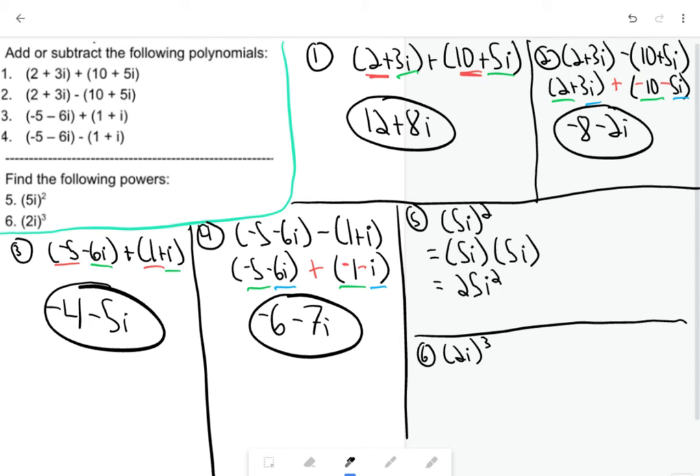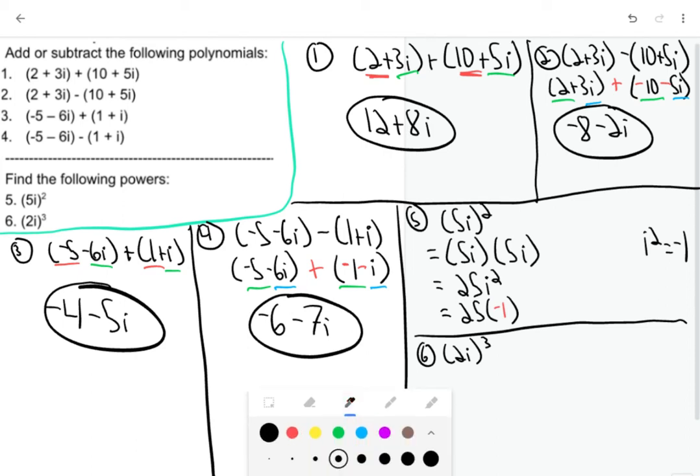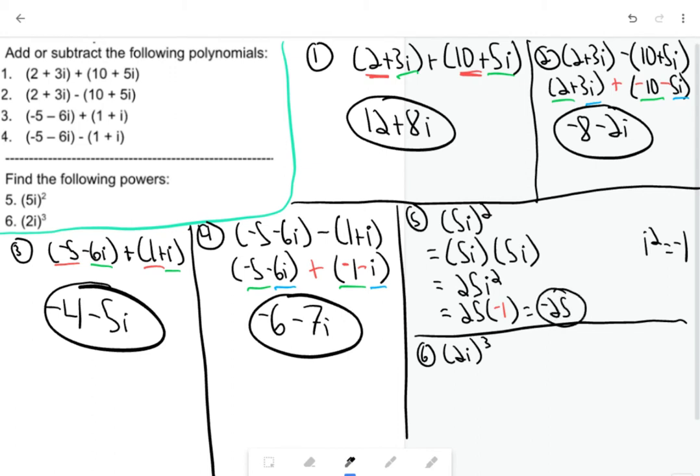Normally, we would say we're done here, but we have to use the fact that i squared is equal to negative 1 in order to simplify this. So 25 times i squared is really 25 times negative 1, which is negative 25. So that is the overall answer. We did a couple like that yesterday when squaring an imaginary number.